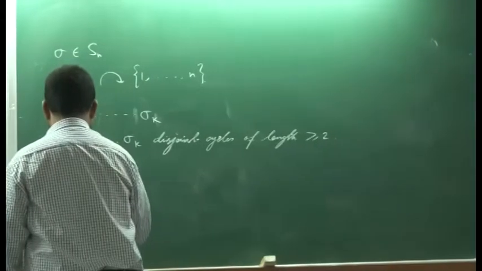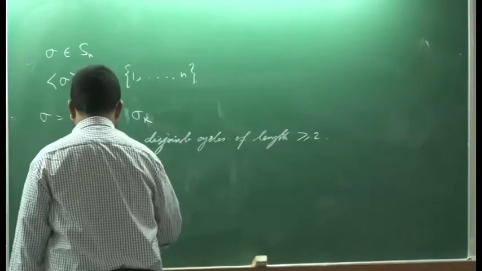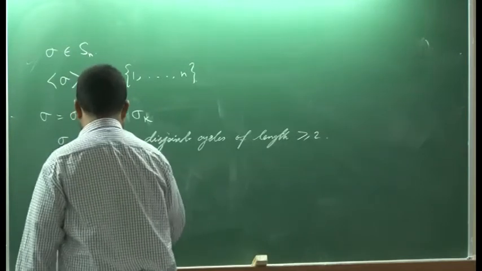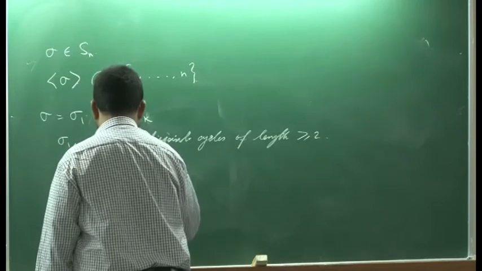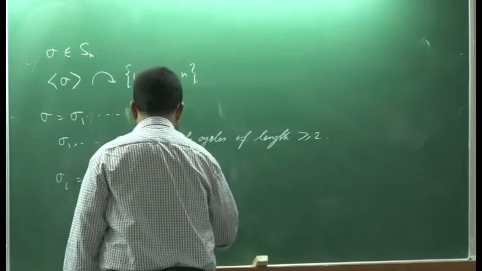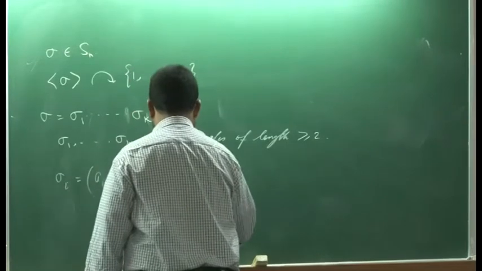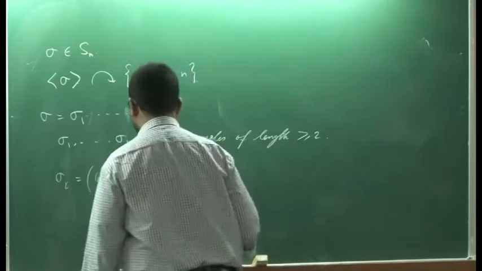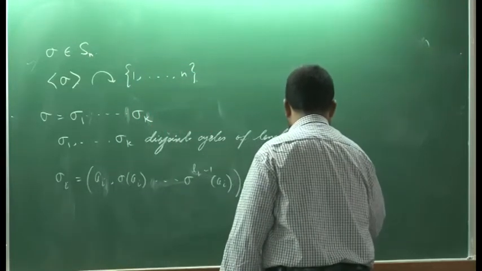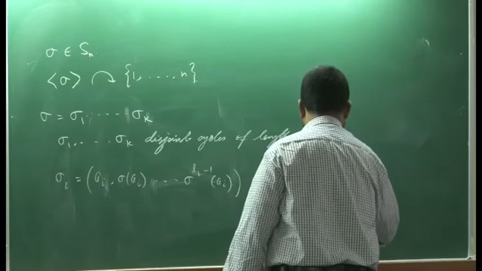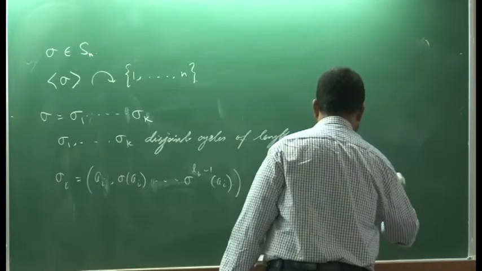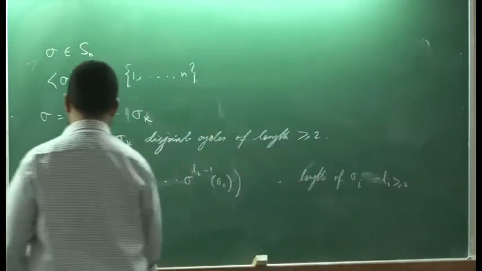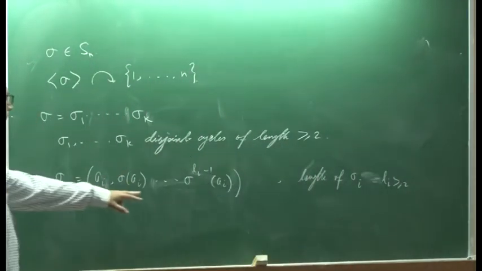So, any sigma_i looks like this: some a_i, then it will be sigma a_i, then it will go up to some sigma^(l_i - 1) a_i. So, let l_i be the length of sigma_i, with l_i greater or equal to 2. So, let each sigma_i be this cycle.